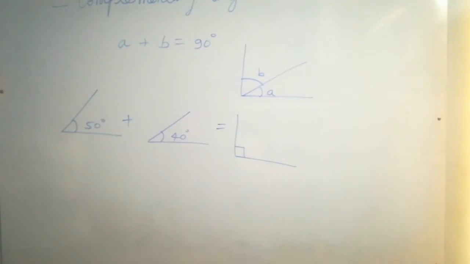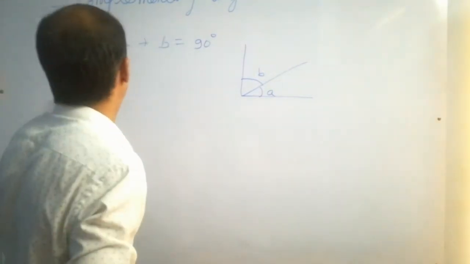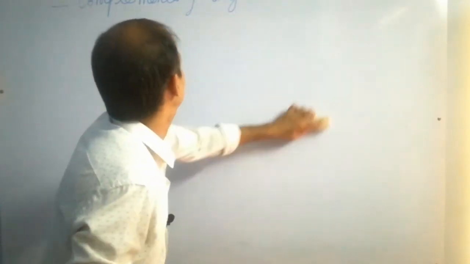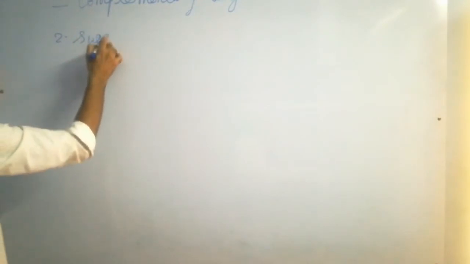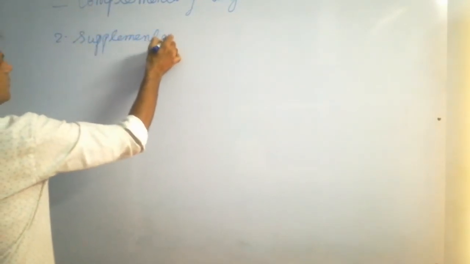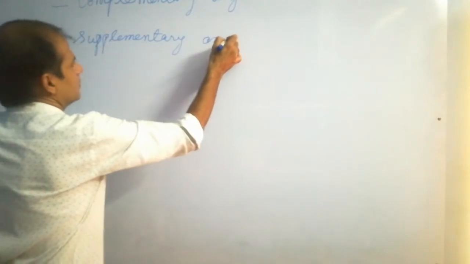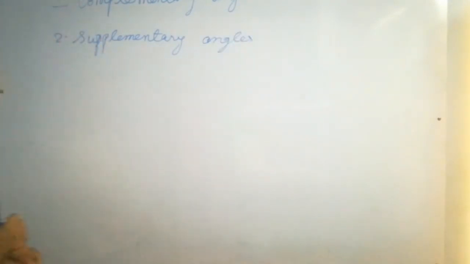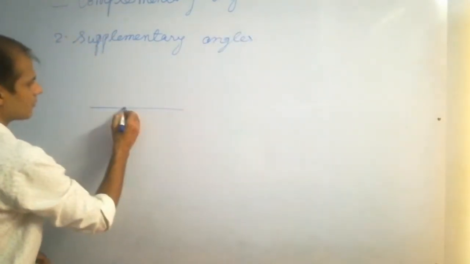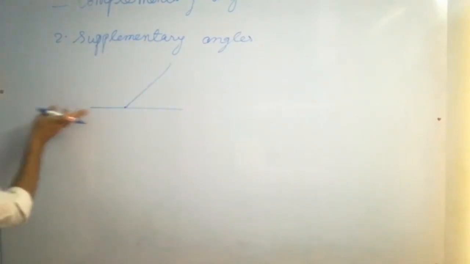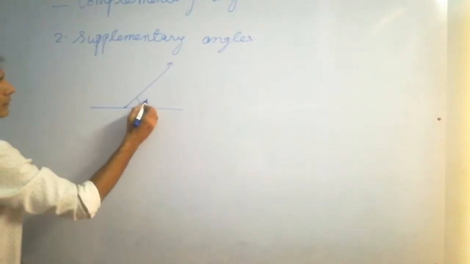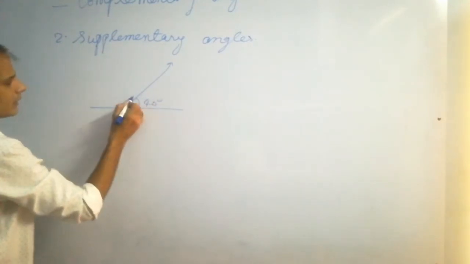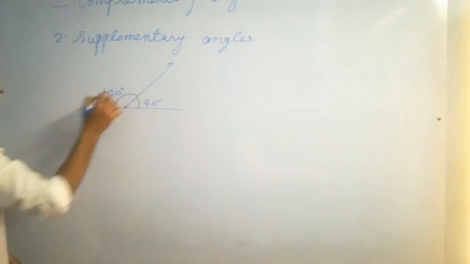for supplementary, the same condition can be applied. Second is supplementary angles. For example, on a line, a ray is standing, okay, this angle is 40 degree and this is 140 degree.